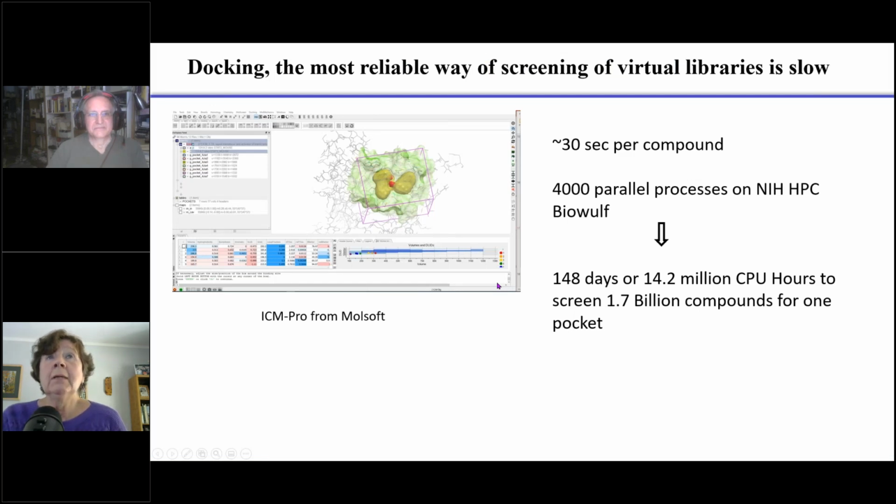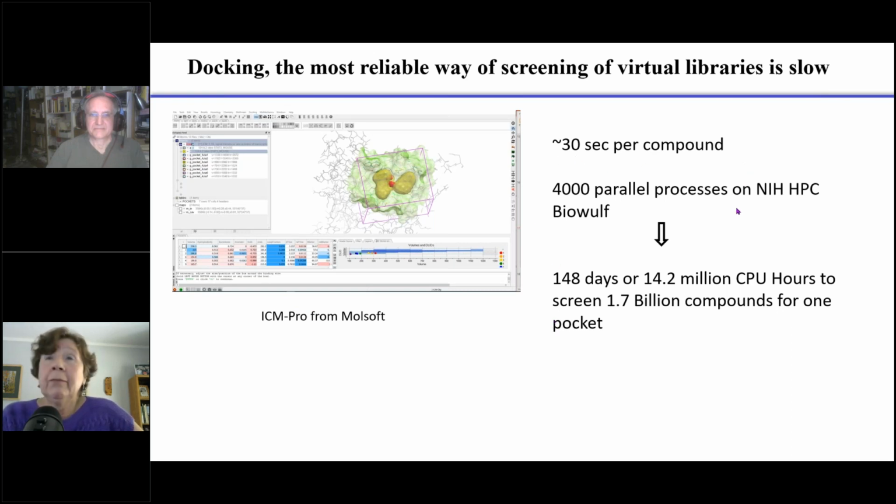The problem is that docking with calculation of the binding energy still remains the most reliable way of screening virtual libraries, and it is very slow. The method that we use, ICM-Pro from MolSoft, takes about 30 seconds per compound.